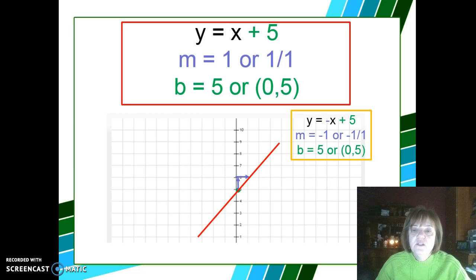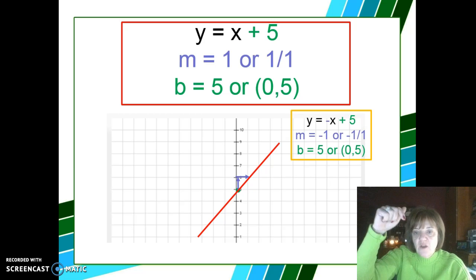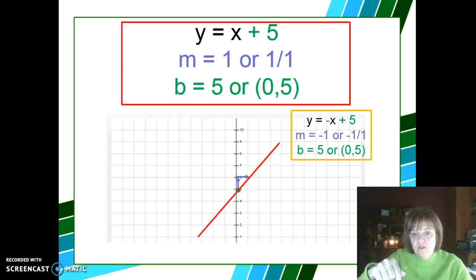All right? So we're going to graph it. I didn't change our y-intercept, though. You see that? It's still plus 5. So the dot's still going to go in the same place. But this time, we're going to go down and to the right. Let's see. Go down. That's the negative y direction. We're going to go to the right because we're still using a positive x.